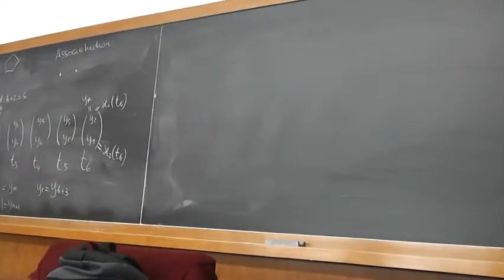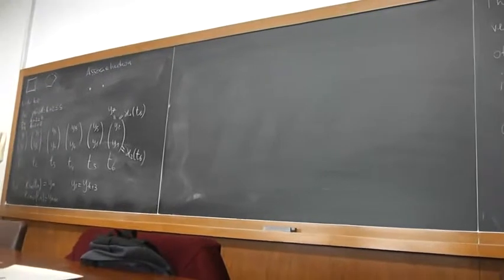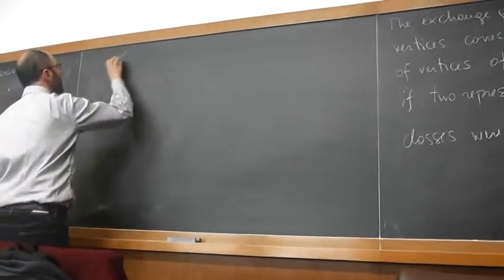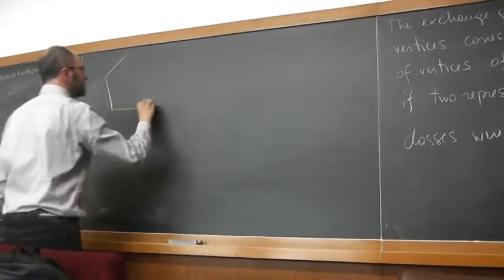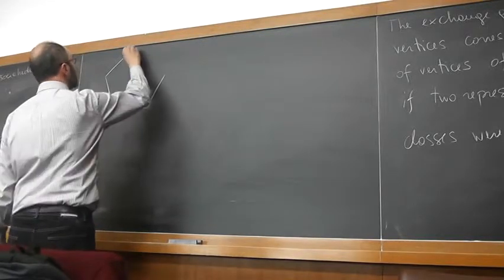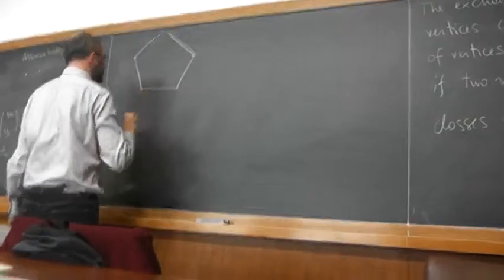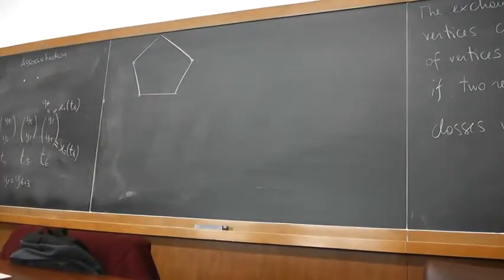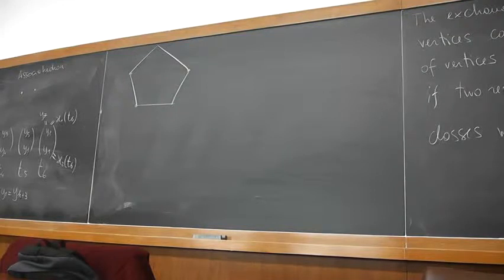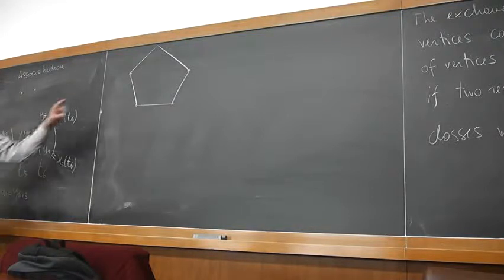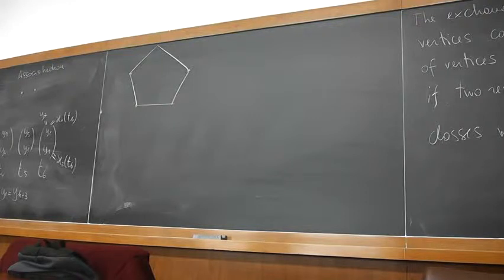Well, we can now take a look at the pentagon explicitly and find again what matters. So when we draw the exchange graphs, we forget the labels of the edges, because the same edge might be labeled with 1 or 2 in the original graph.